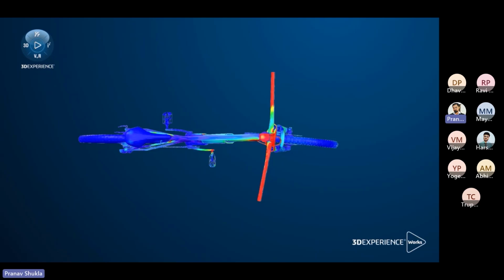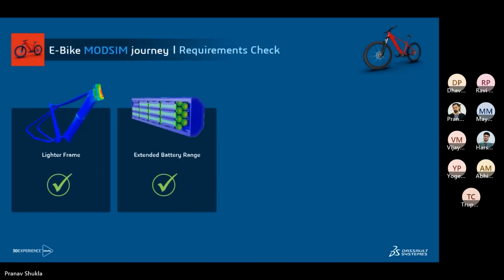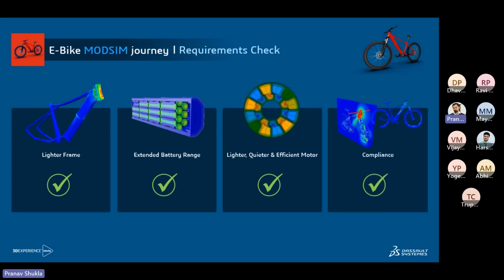This achievement ensures that our new bike meets the necessary standards and can successfully pass the certification process. We remain committed to delivering products that prioritize both performance and compliance.